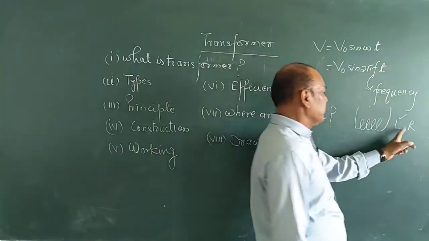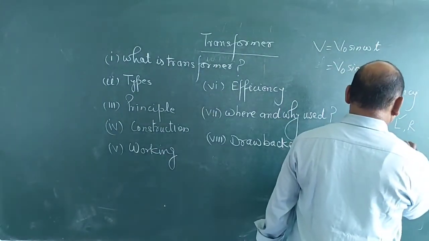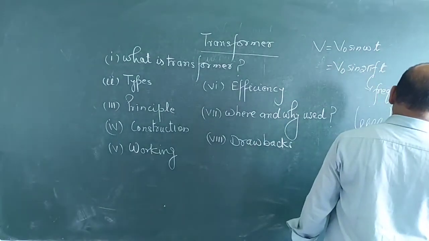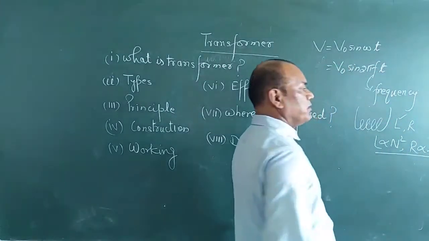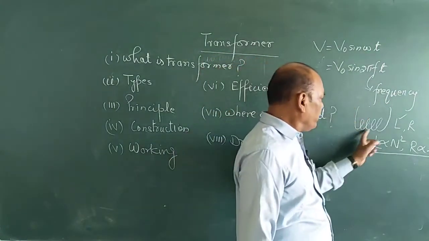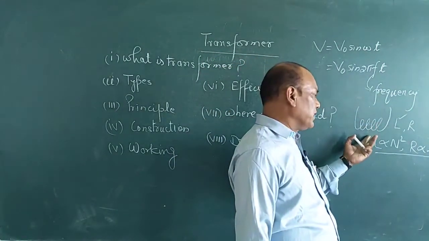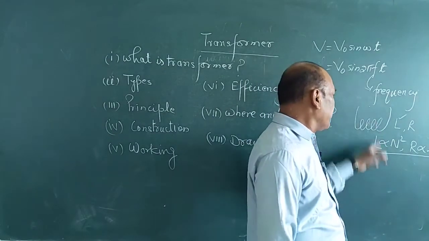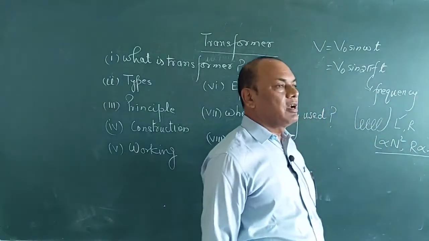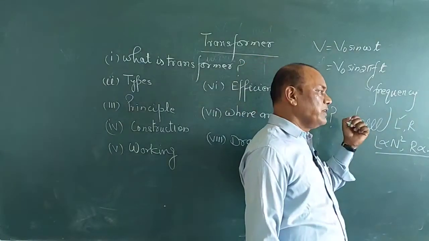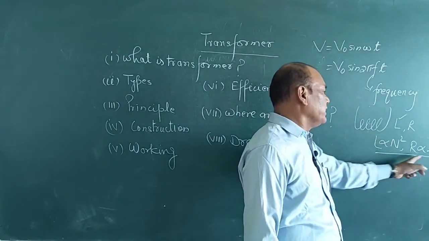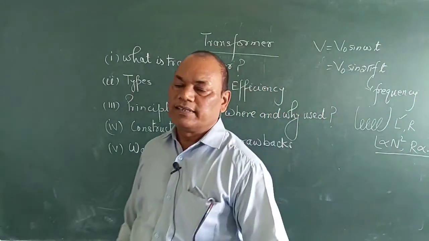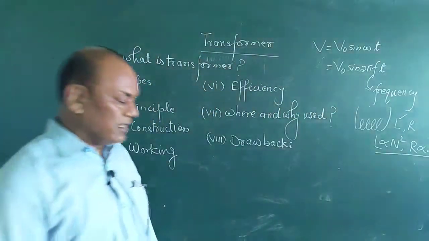You know that this L is directly proportional to N square and R is directly proportional to length of the coil. If we are increasing the number of turns in the coil, then L increases in its square, and this means the wire which is used is increased in length, and when its length increases, then its resistance also increases.